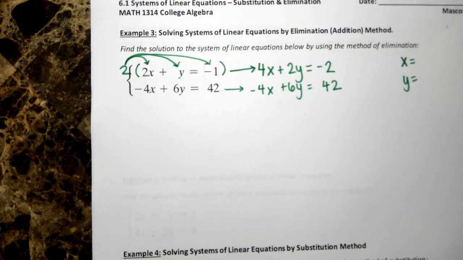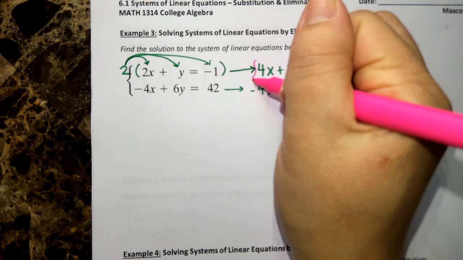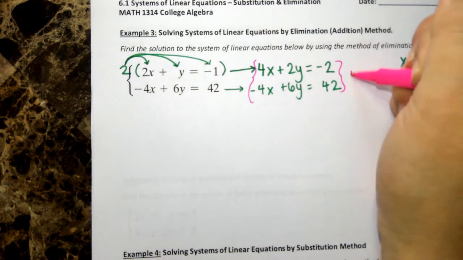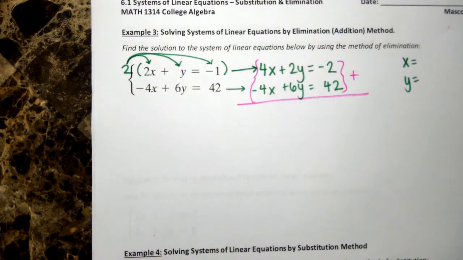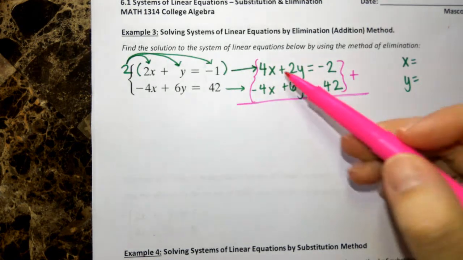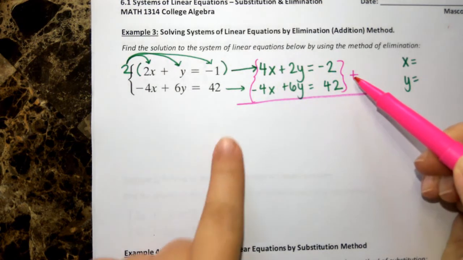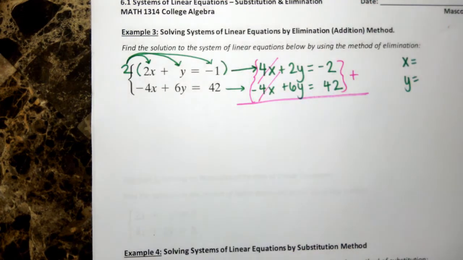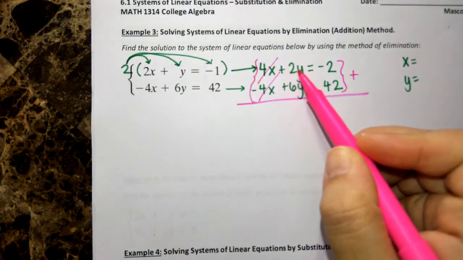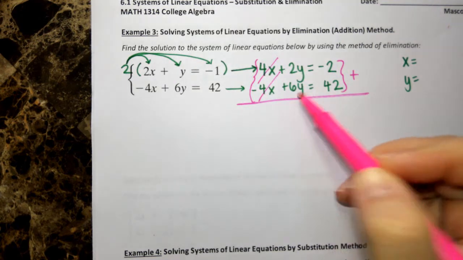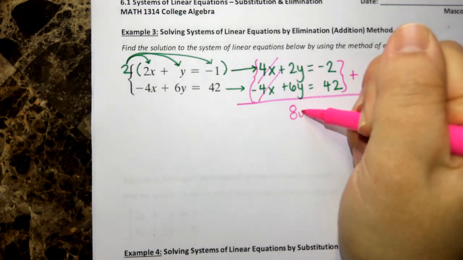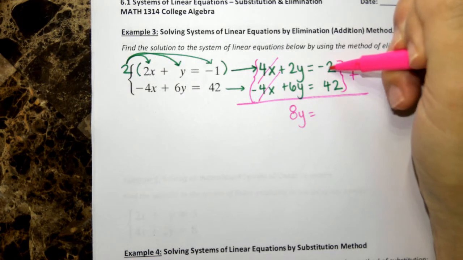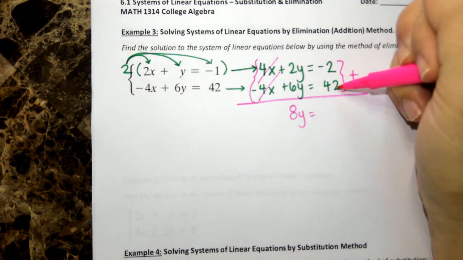That's exactly what I'm going to do. I'm going to take my system of equations, and I'm just going to add up the 2 equations now. And what I will have is 4x plus -4x. Well, that's 0x. Those cancel out, so those just go away. I will have 2y plus 6y. That's 8y. And then I will have -2 plus 42.